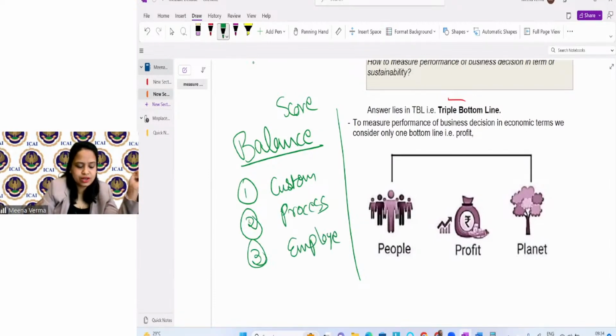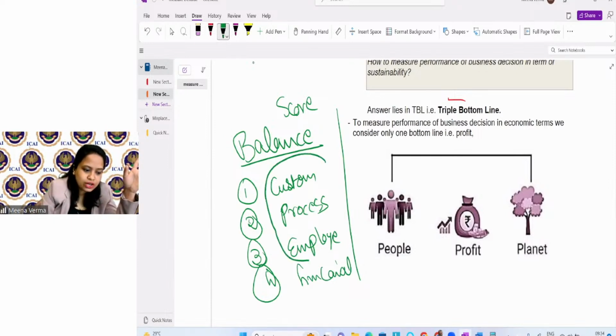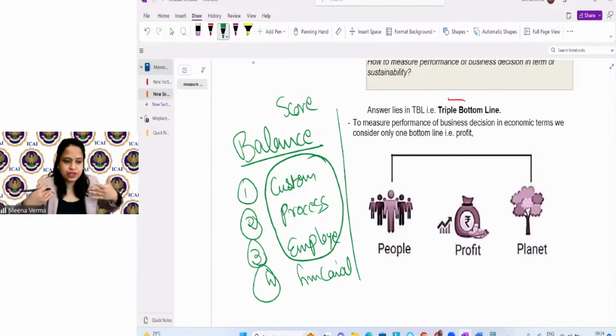We focused there, and we have focused on the financial factors. This was your balance scorecard. If you see, it was all internally focused. Internally, मेरा process, मेरे customer, मेरे employee, है ना, मेरा business process. So it was all internal focus. है ना, balance scorecard was internal focus.